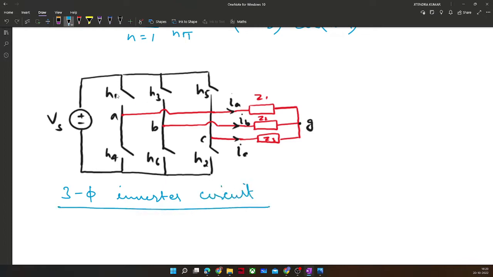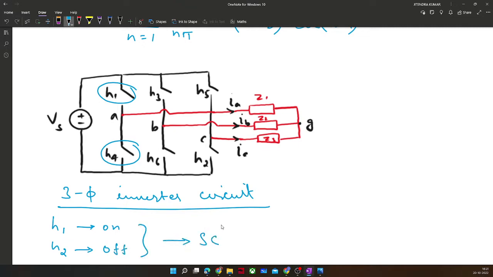And the switches of the first leg are H1 and H4. So generally, when H1 will be on, H4 will be off. Okay. So both can't conduct simultaneously, otherwise it will cause a short circuit.